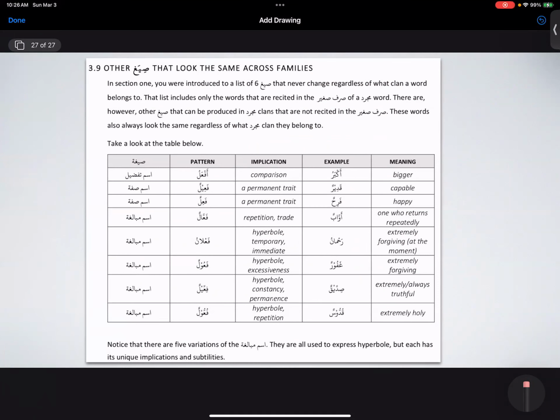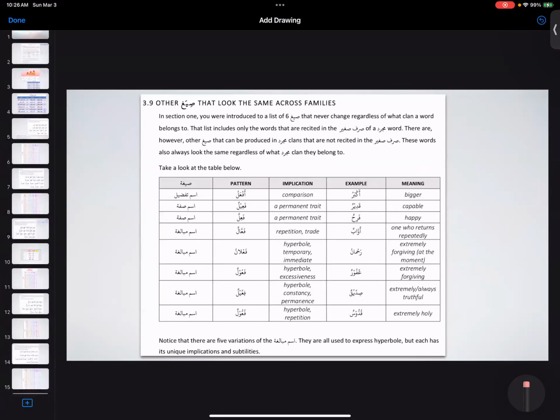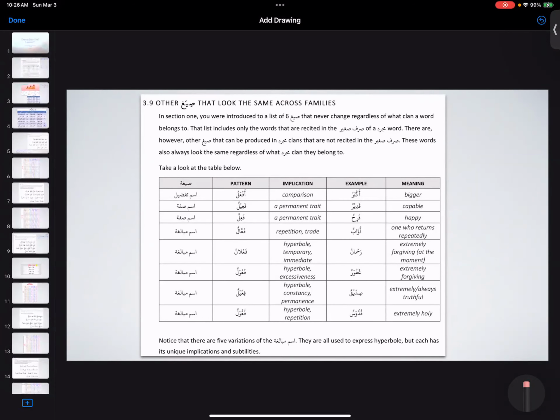Five patterns are mentioned here, but there are still more. So be ready for that, inshallah, and we are going to do them after Ramadan.